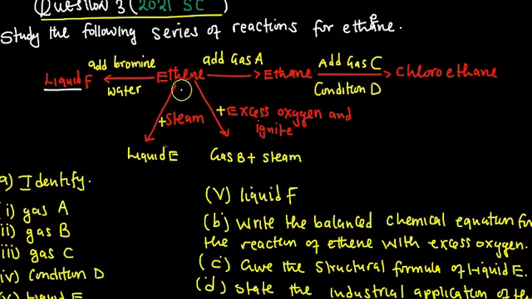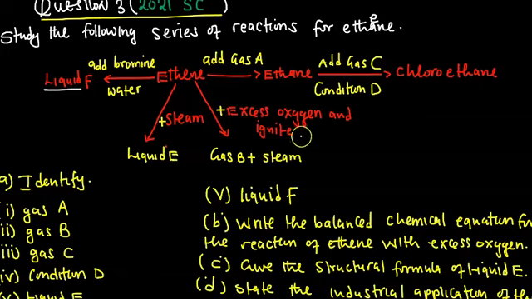Then this same ethene, when you add steam, it forms liquid E. So you can see the reactions that are occurring. Here, the reactions connected to this ethene, there are 4 of them: 1, 2, 3, 4. So these are the reactions that it undergoes. Okay. Now also this ethane, which is an alkane, undergoes a reaction to form chloroethane.